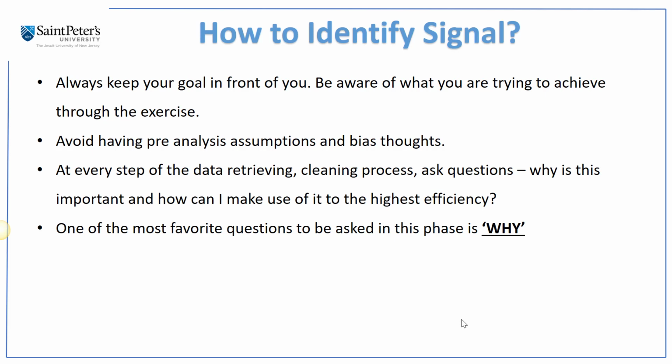Noise can be, for example, information about shipping details or customer service performance, which has nothing to do with our agenda. That becomes noise. But noise can be a very useful signal for some other purpose. So it's not that noise is useless all the time. Whatever is not part of our agenda becomes noise.